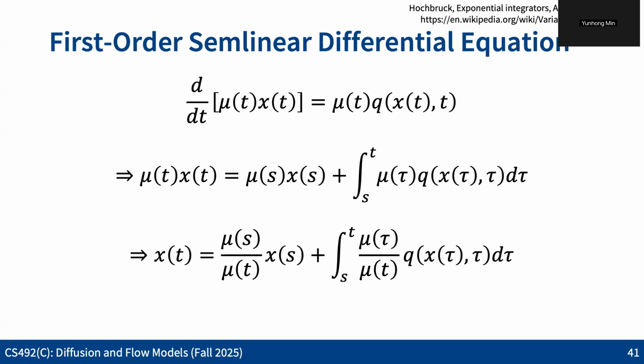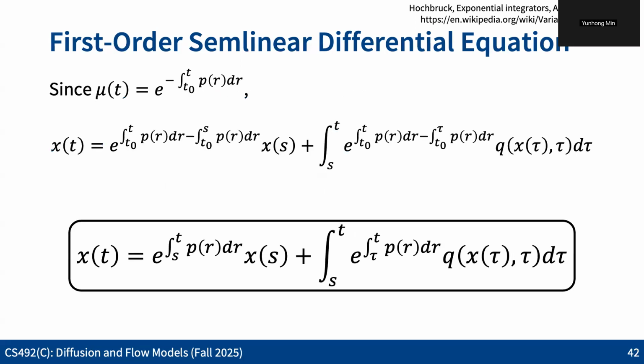The only remaining thing is that we just need to plug in the actual definition of the mu function here, right? Then it becomes quite complicated, having all the exponential terms. The good thing is that we can simplify this further, since they share the same base in the integral. By simplifying everything, we see that this becomes the analytic formulation of the semi-linear ODE.